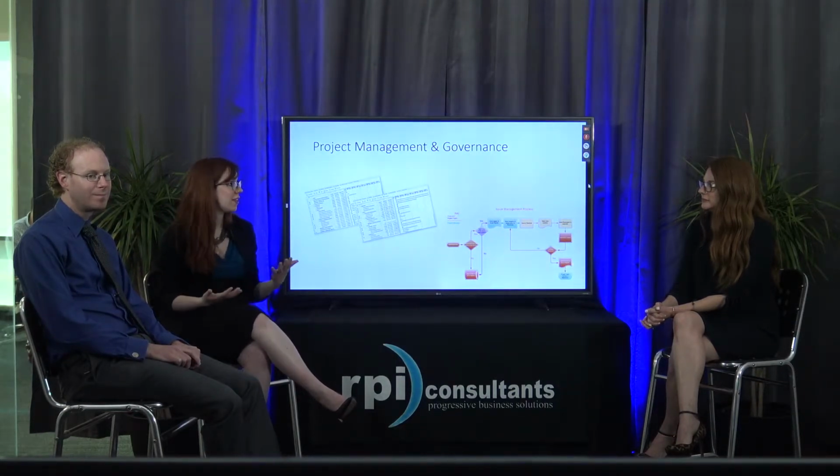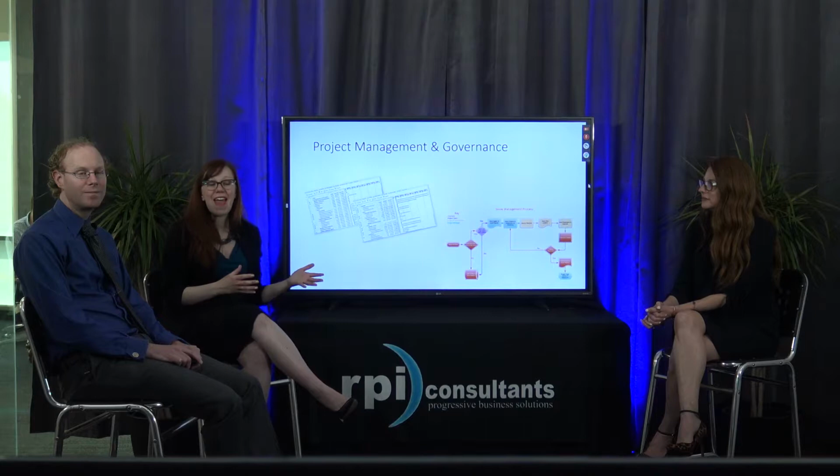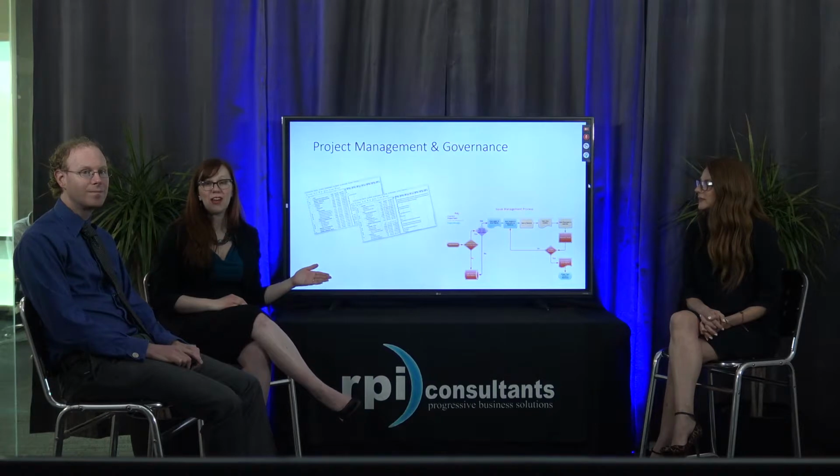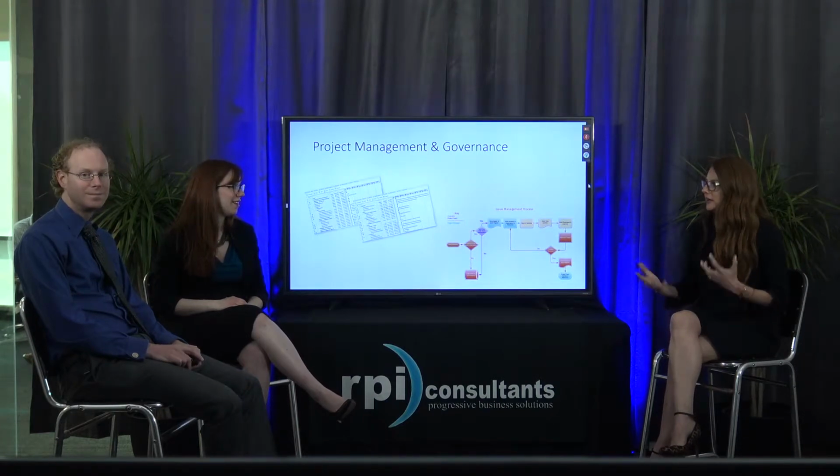Just different key success factors, and we actually give a rating for how the project's doing, and that has been a really great way to manage risk because it brings those areas of weakness to light early and gives us opportunities throughout the project to assess them and also put plans in place so that the next time we come around to that health assessment, hopefully those areas are no longer weaknesses.